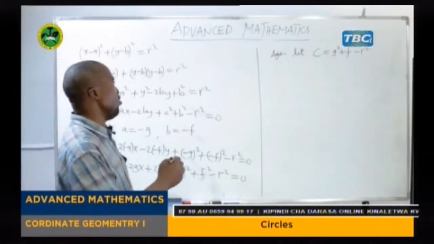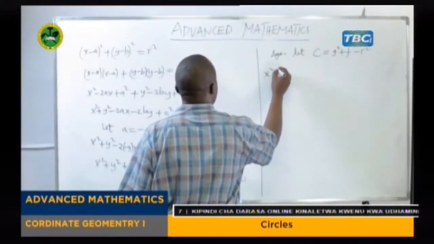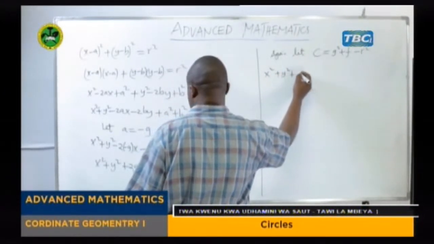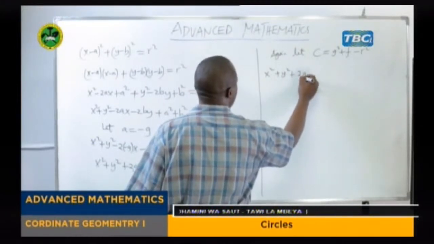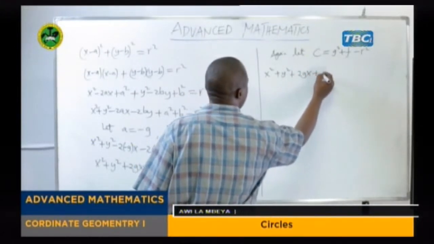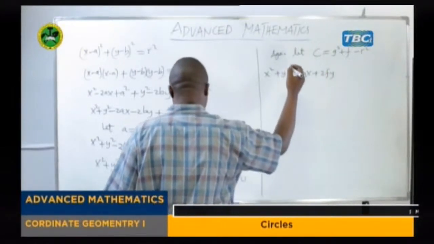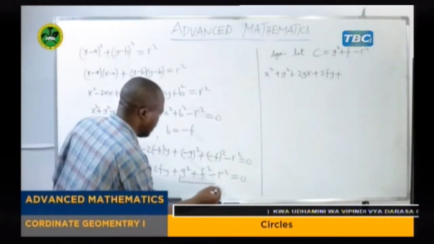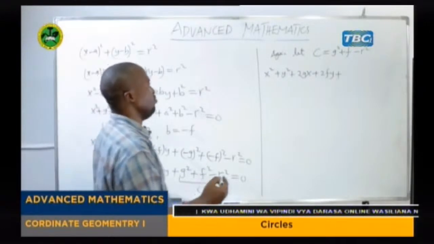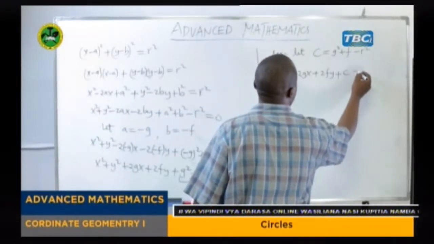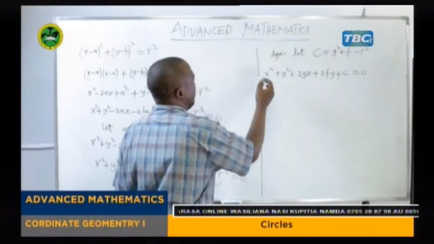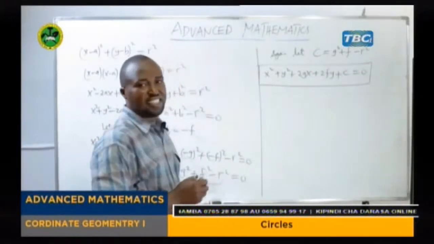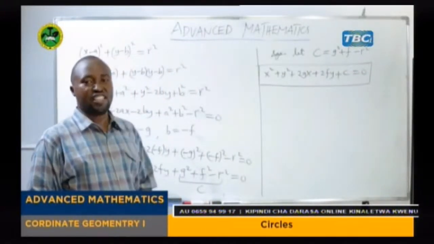So here we are going to have x squared plus y squared plus 2gx plus 2fy, then plus, this one will be represented by c. So here it will be plus c is equal to 0. Now this one is another way of writing the equation of a circle.